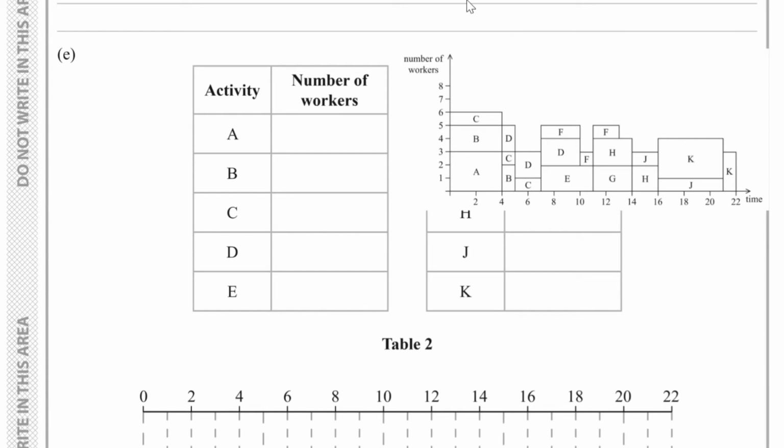Let's take a look at A. A requires 3 workers. If we now take a look at B, that's got a height of 2 over here, and here we also have a height of 2.